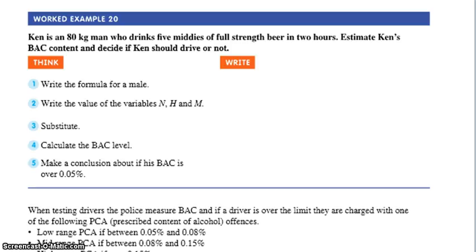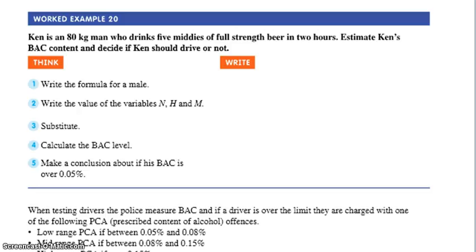A schooner of mid strength beer is approximately one standard drink. A schooner of full strength beer is more than one standard drink. Make sense? Now, a schooner is approximately 375 mils to 400 mils, depending how much head they give you.